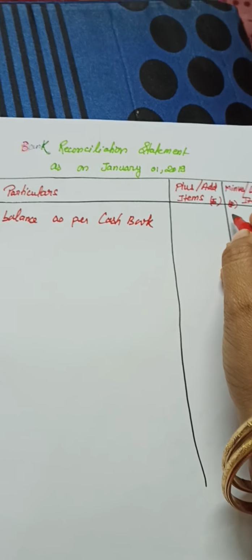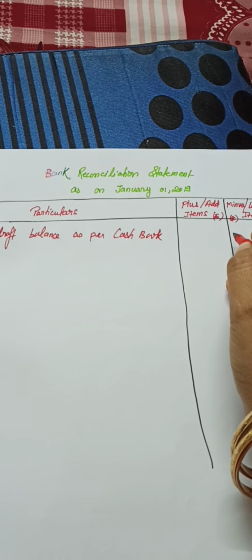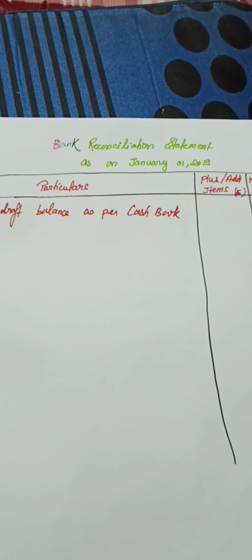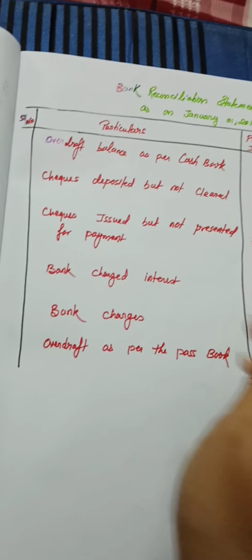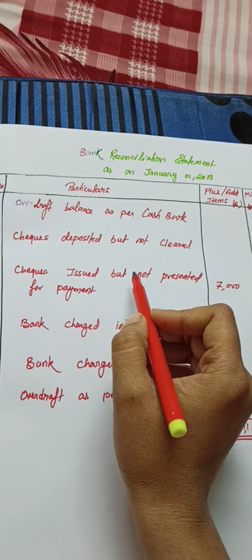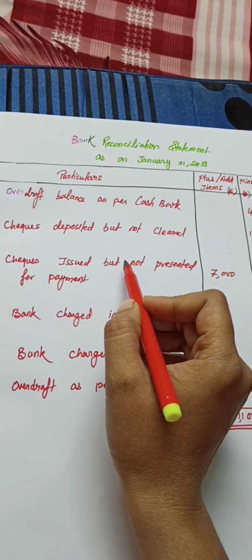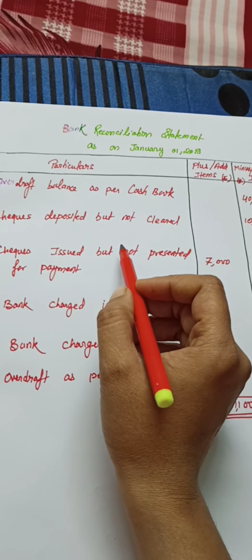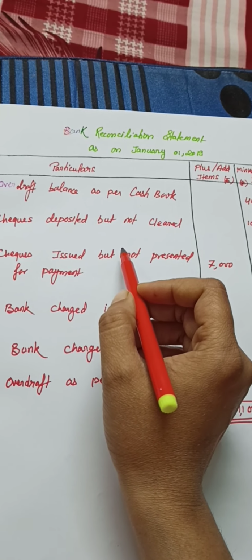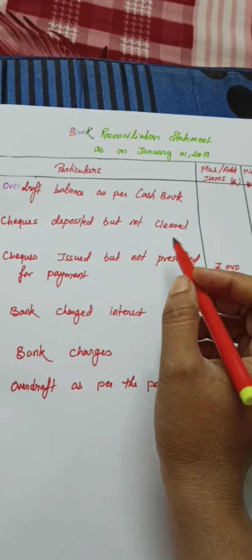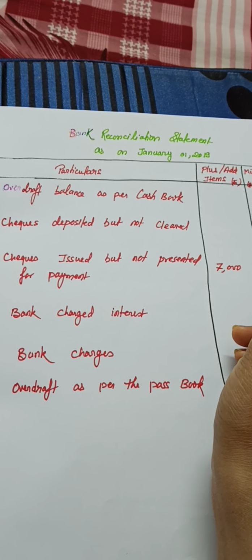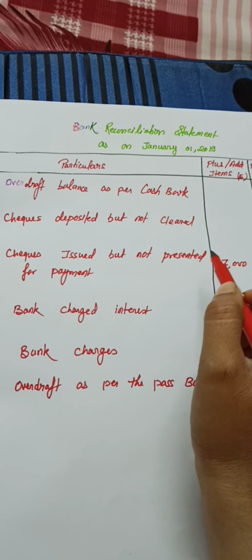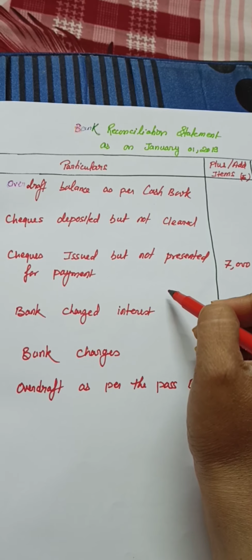It is an overdraft balance, so you have to show it on the negative side. Check deposited but not cleared. When a check is deposited but not cleared, obviously it's an overdraft, so there is a negative effect. This is 10,000.